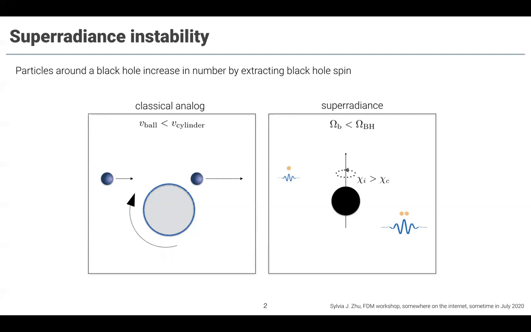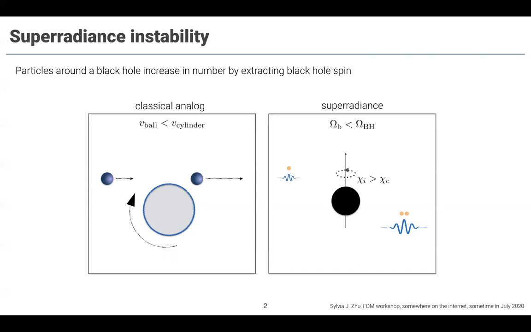The classical analog to this is if you have a rotating cylinder and a ball that grazes by the cylinder. Depending on the relative speeds of the ball and the cylinder, the ball can pick up some velocity and increase in energy and momentum as it goes by.